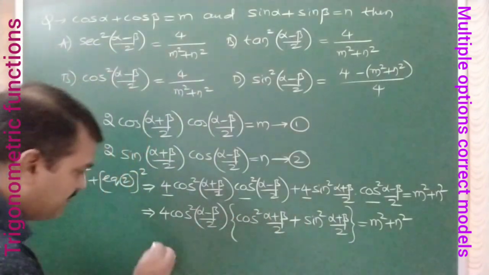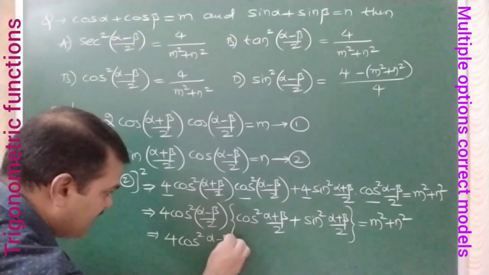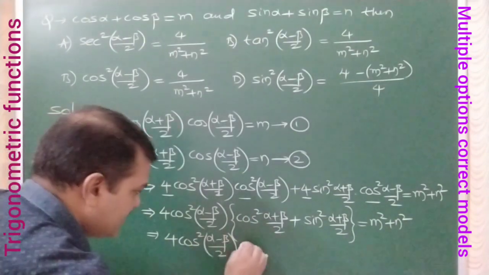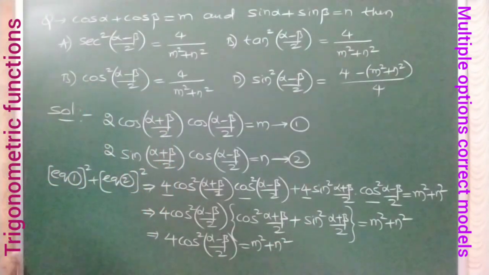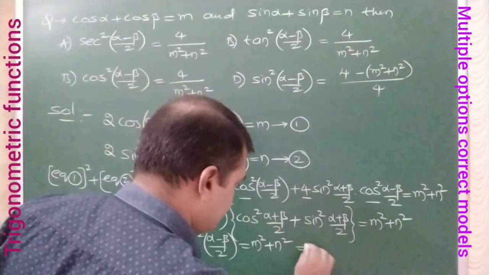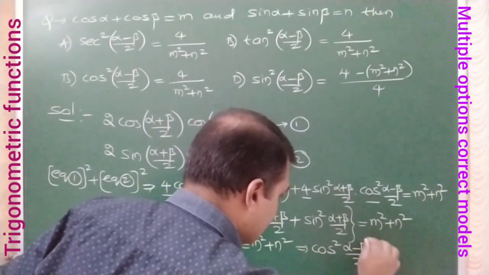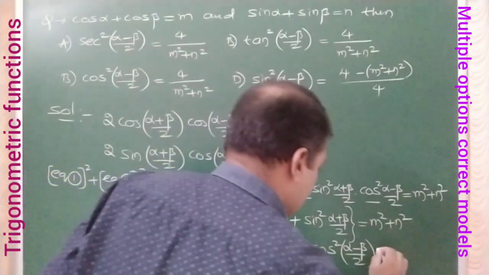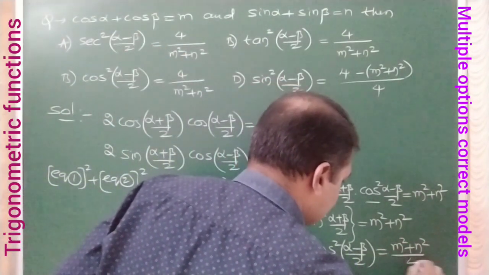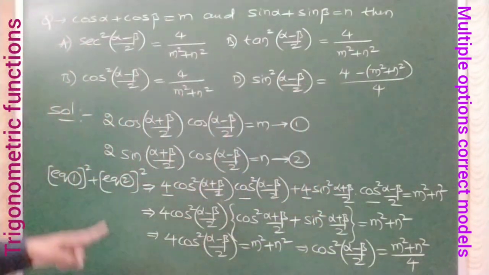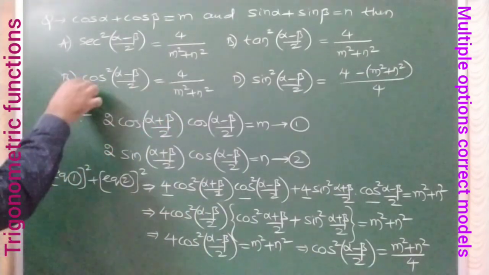So this is 1. That means 4 cos square (alpha minus beta)/2 is equal to m square plus n square. Divide by 4. Then you will get cos square (alpha minus beta)/2 is equal to (m square plus n square)/4. So cos square (alpha minus beta)/2 equal to (m square plus n square)/4, this is wrong.